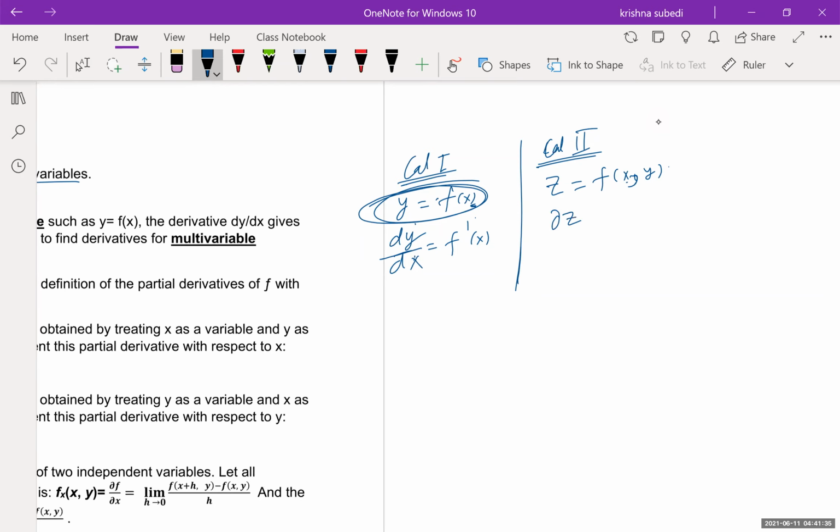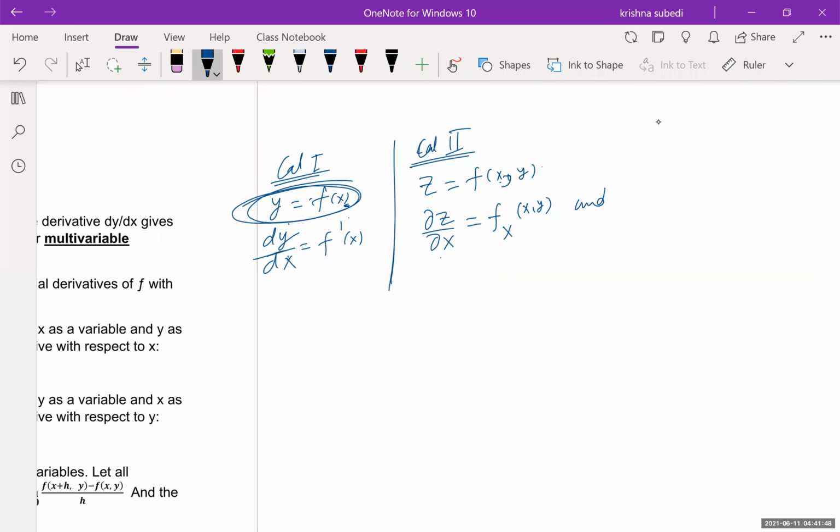So what we're going to do is find the derivative with respect to x, which is represented by f sub x, and you can differentiate with respect to y, which is represented by f sub y.